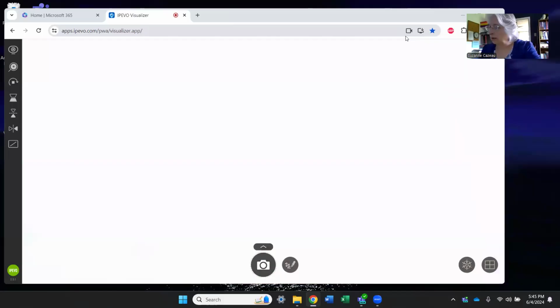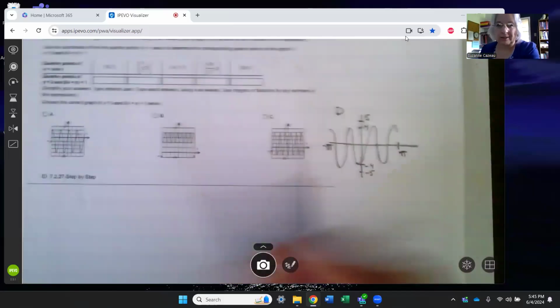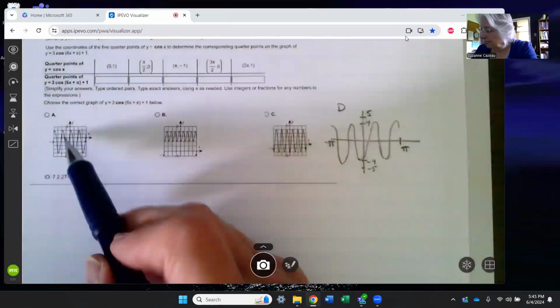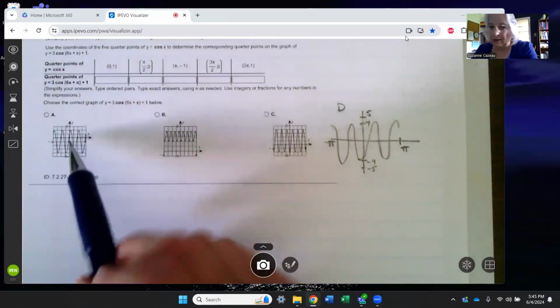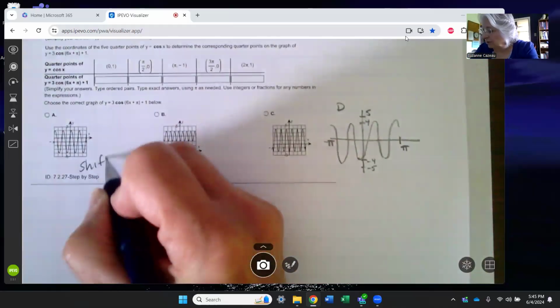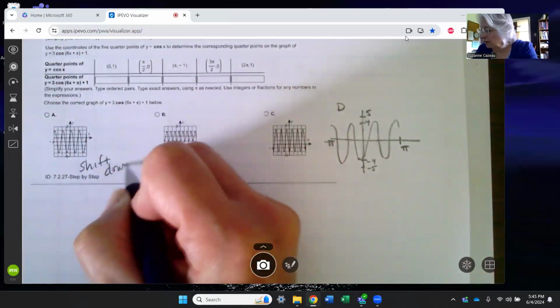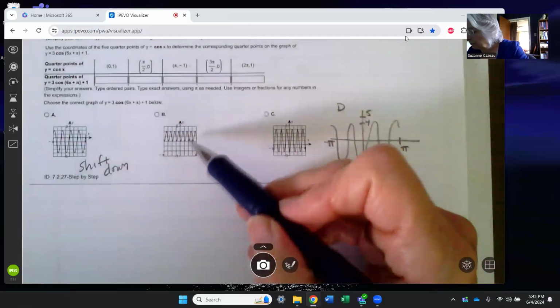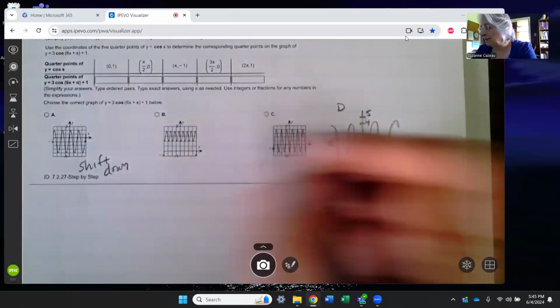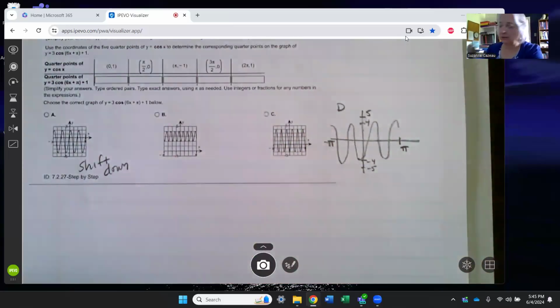So this is what I'm talking about. Here are your choices, right? These are your choices. This is not shifted up. This is shifted down. So that's not it, right? This is completely above the x-axis. So that's not it because there are no negative y values.